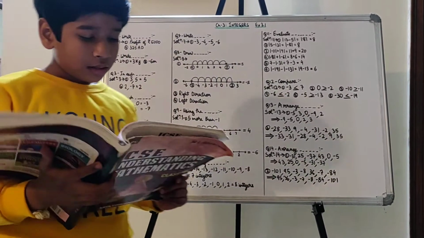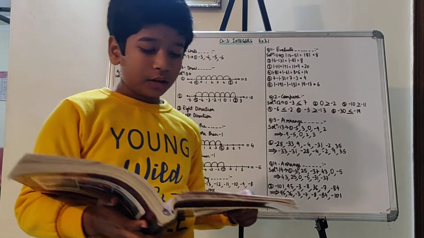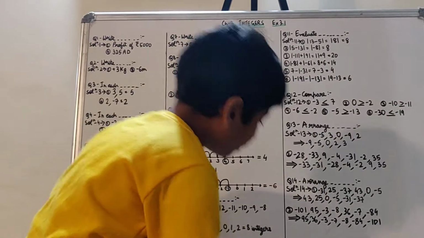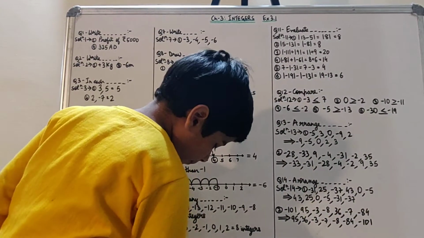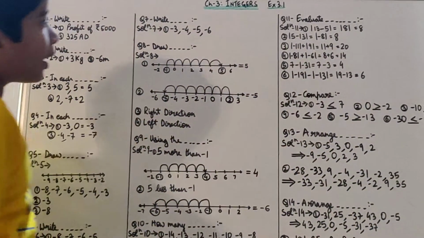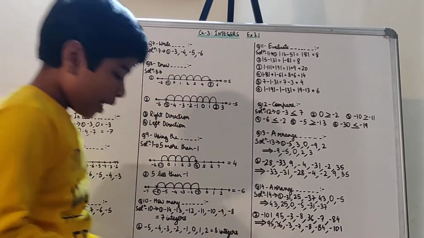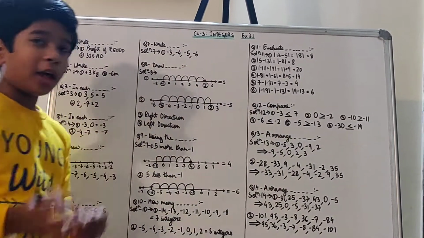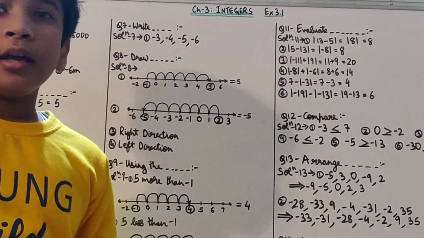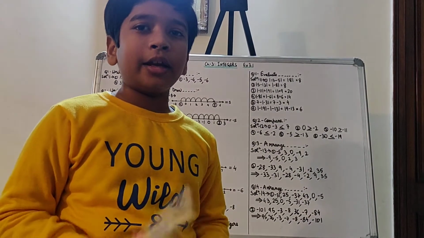Then the next one is the absolute value of an integer is always greater than the integer. False. It is because the absolute value of an integer, that means the modulus I have told you about here. The absolute value of an integer is always greater than the integer. This is false, as you can see that in the case of negative numbers, in the case of minus 5, the absolute value of an integer will be greater than the integer.